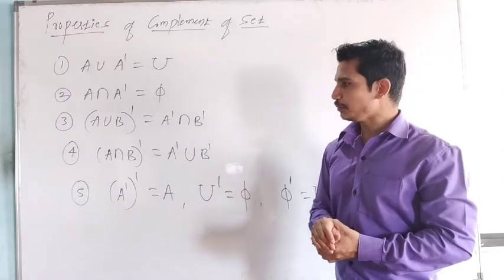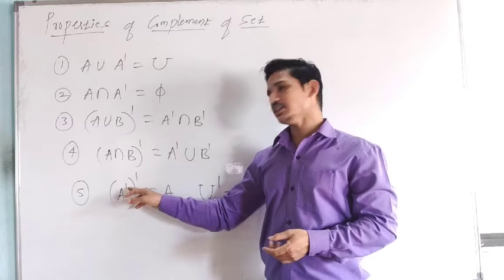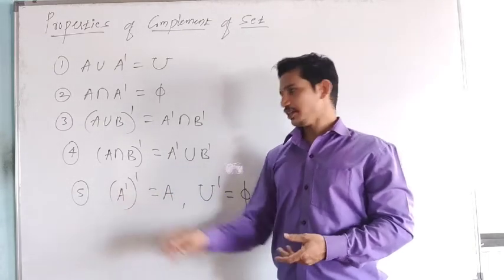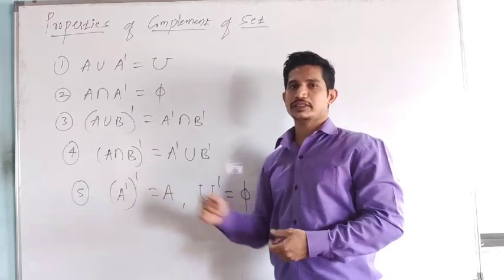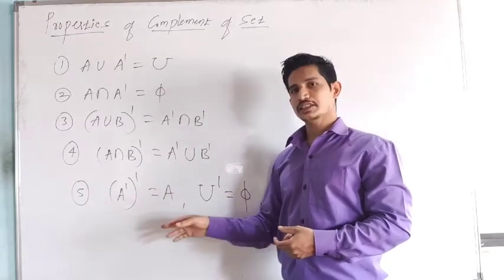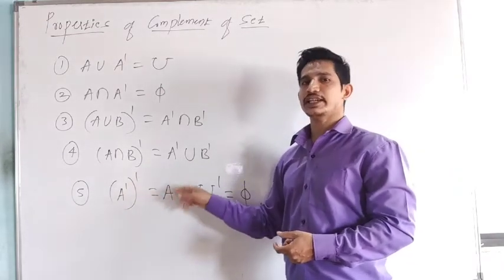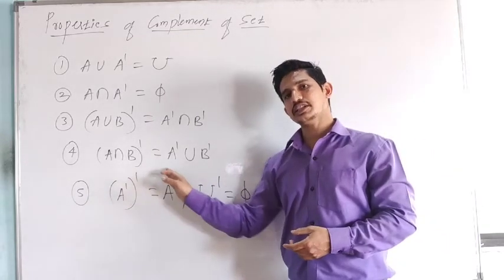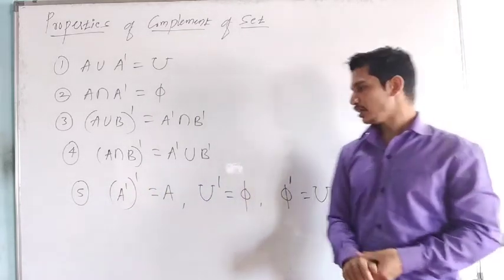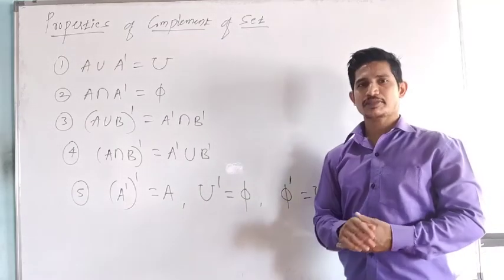Okay, now the fifth property is what? If you complement the same set two times, A dash its dash, meaning the complement of the complement, is what here? The same set. A dash its dash is set A. If you complement twice, the same set will come again. Second is what? U its dash. What is the dash of the universal set?